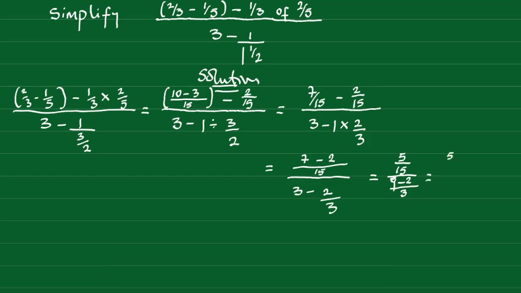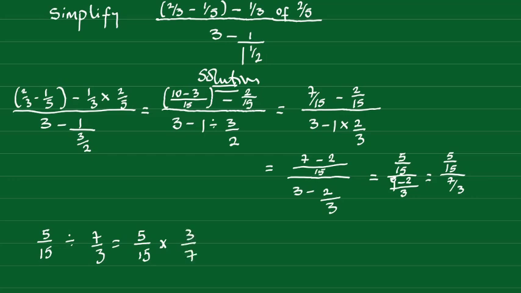We have 5 over 15 divided by 7 over 3. Now what we have here can be rewritten as 5 over 15 divided by 7 over 3. We convert our division sign to multiplication, and we have 5 over 15 times 3 goes up, 7 comes down.